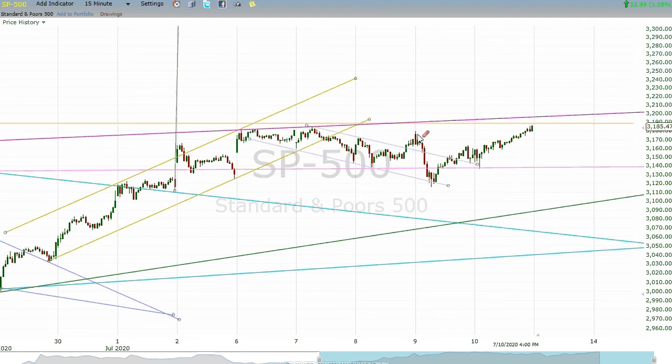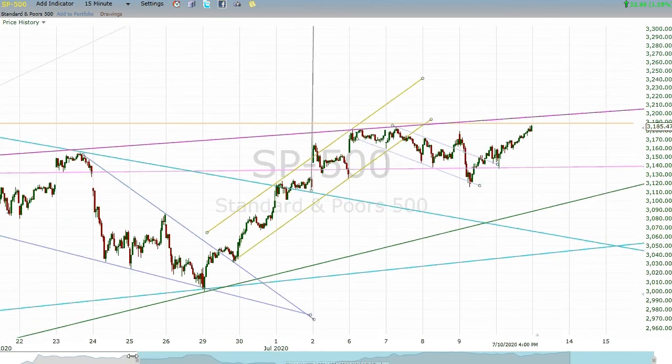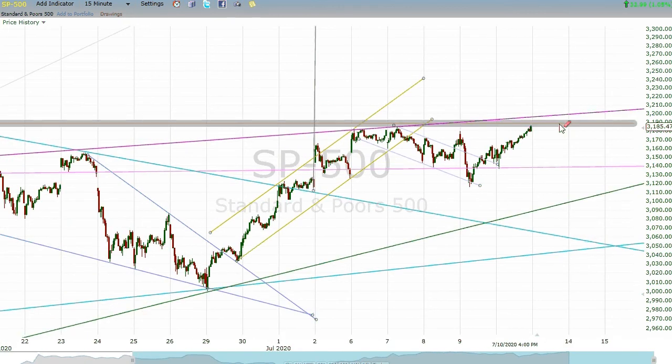You see the false breakout late on the 8th, early on the 9th, slammed back down into that flag by mid-morning on the 9th, rallied over it again, back tested it, and then we started to move up and did so all day Friday. So basically, this line, I think we're potentially looking at, like I said, some gap resistance.